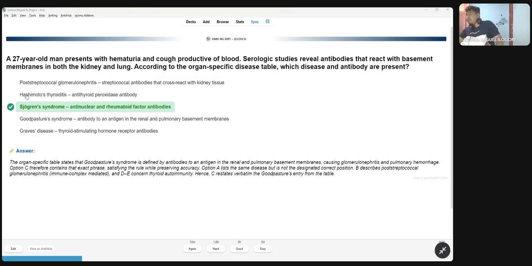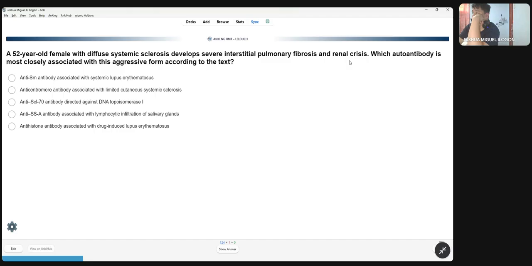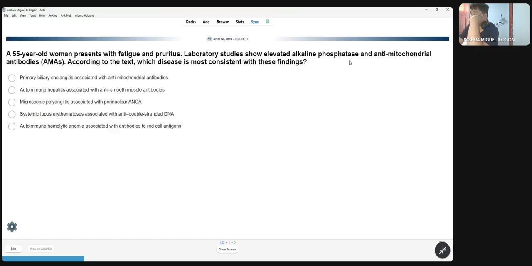Right, another wrong. Okay, that's anti-Scl70.